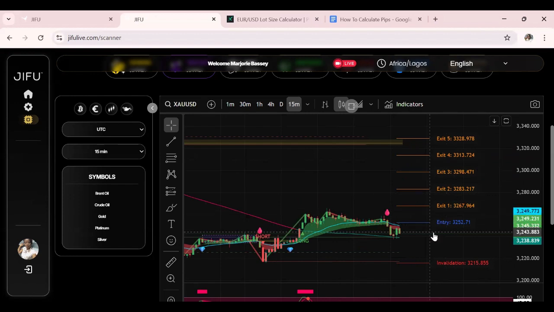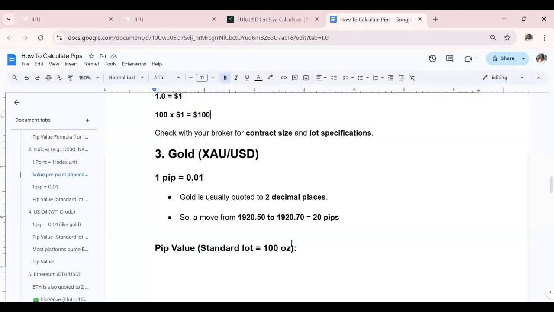Okay, so this is gold. This is how it's quoted, usually two decimal places. That's the standard way of quoting gold. So now, one pip of gold is 0.01 on even the platforms. So if gold moves from 1920.50 to 1920.70, gold has moved 20 pips.